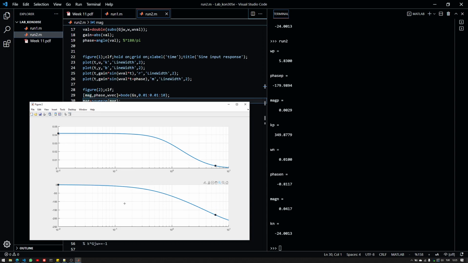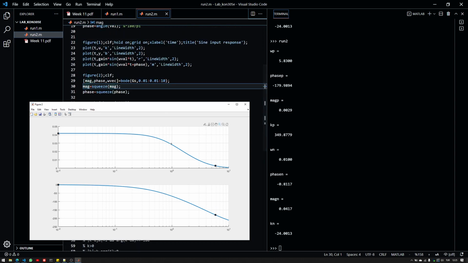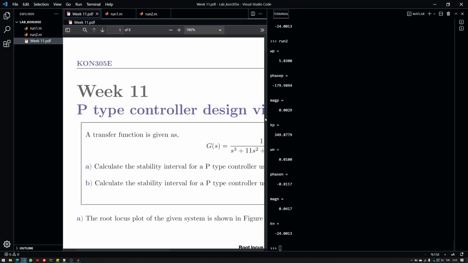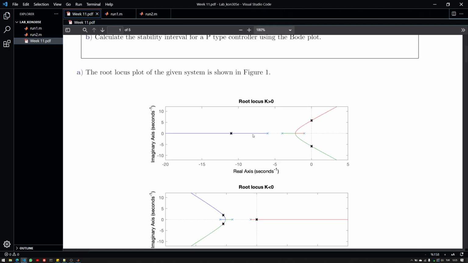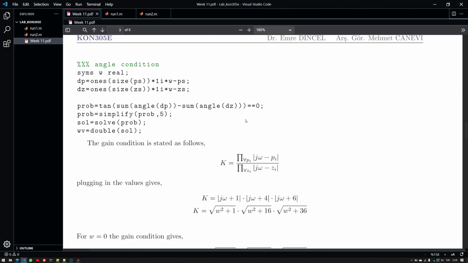So therefore, we should start with a value close to 0, and then the point appears. So basically, we're looking for this point for the negative p-type controller, and here for the positive. So that's basically it.